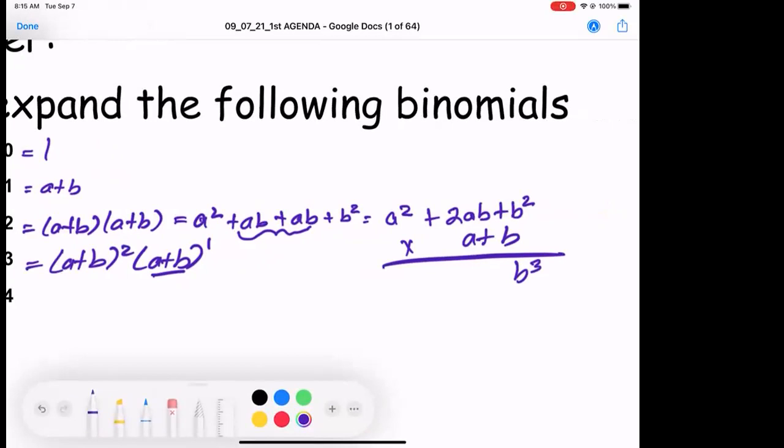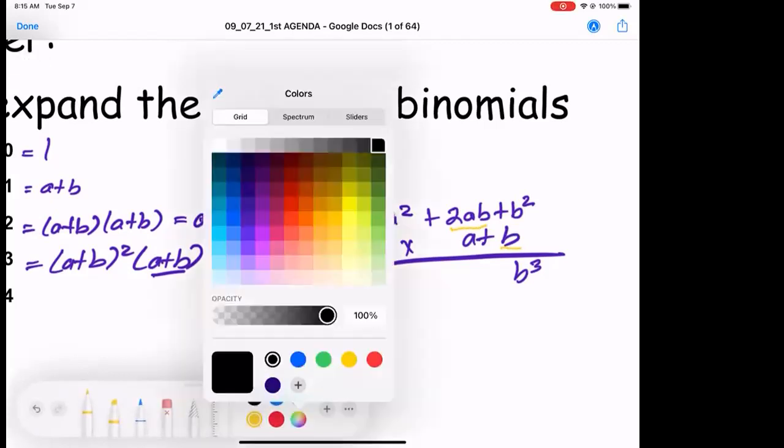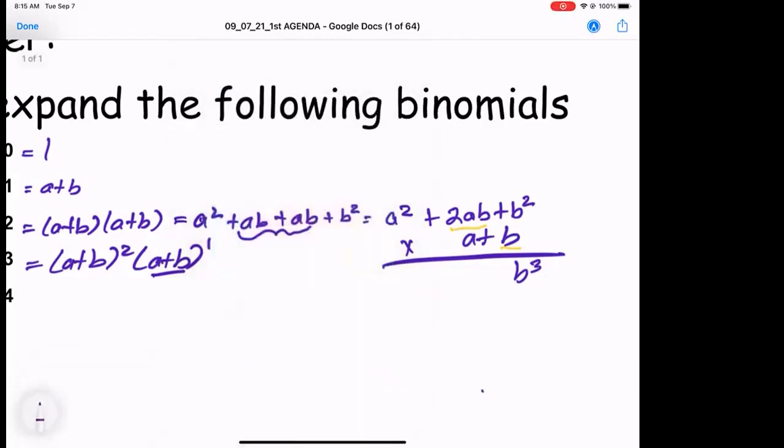So we are multiplying 2ab by b, and that is going to give us 2ab squared. You see that? That's 2ab times another b. So your 2a is going to stay the same. Your b's are going to be squared now. And then our last one is to multiply a squared by b.